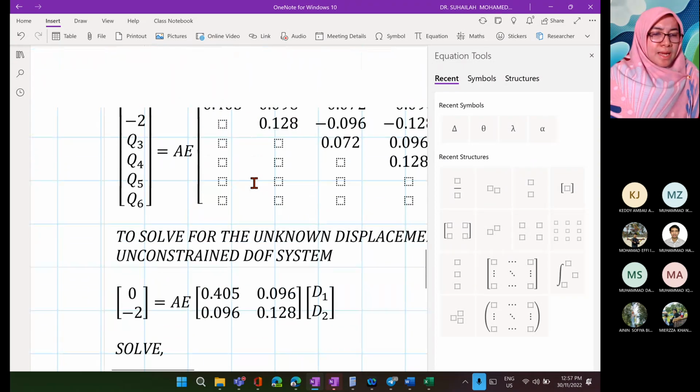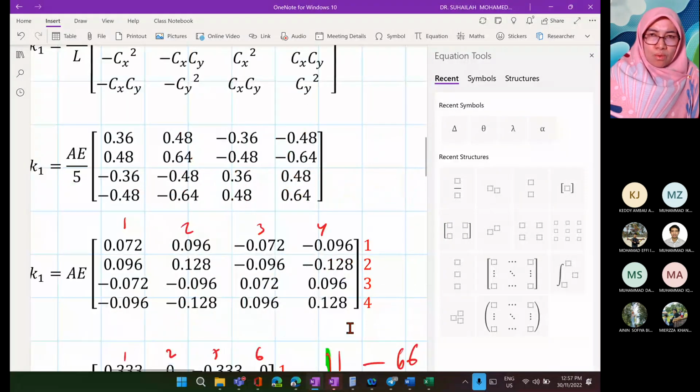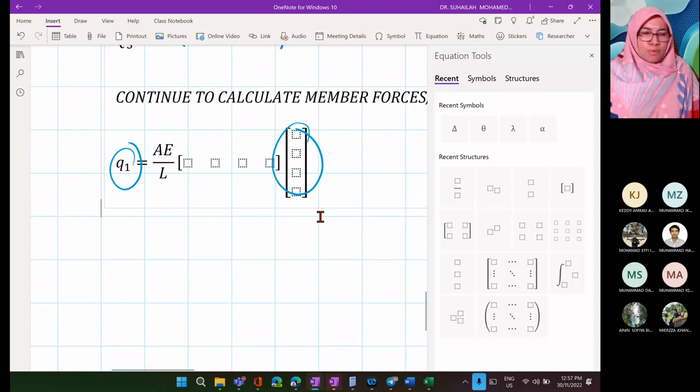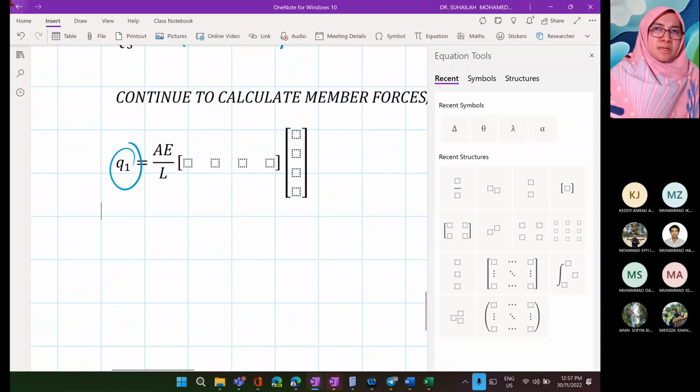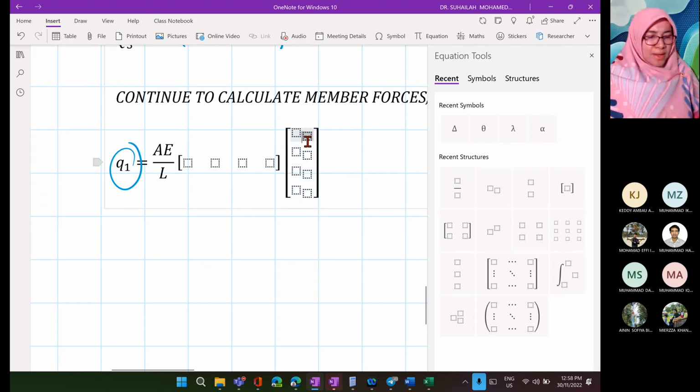K1, we have 1, 2, 3, 4. So we will have to put the D1 until D4 value kat sini. We will follow whatever label that we use in K1.